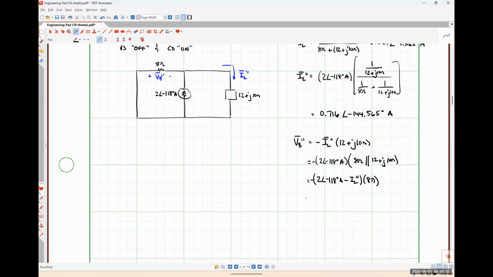So I just got 11.177 with an angle of 75.241 degrees volts. Can anybody confirm that? Mason's giving me a thumbs up.